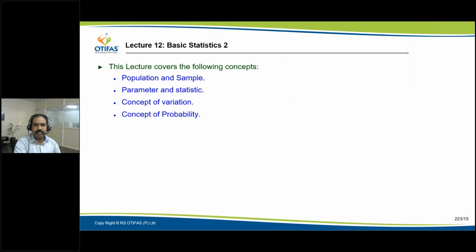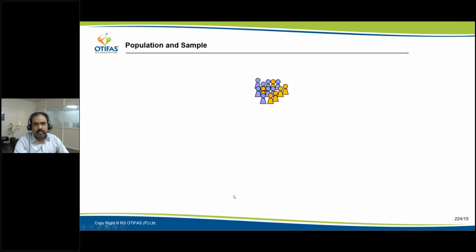Now let me come to another concept of statistics called population and sample, parameter and statistic, then the concept of variation, and the concept of probability. So suppose I want to study a company where around 30-40 people are working.